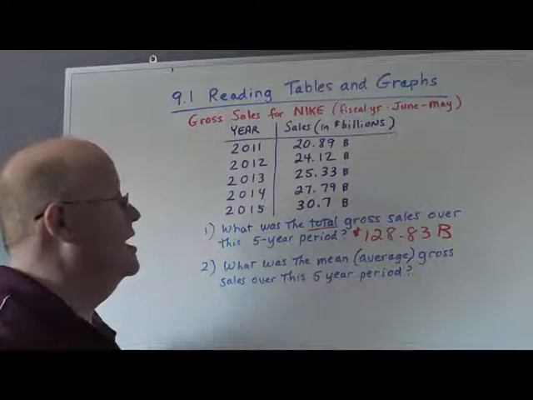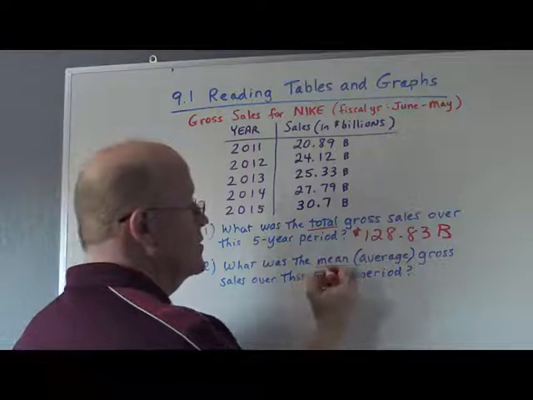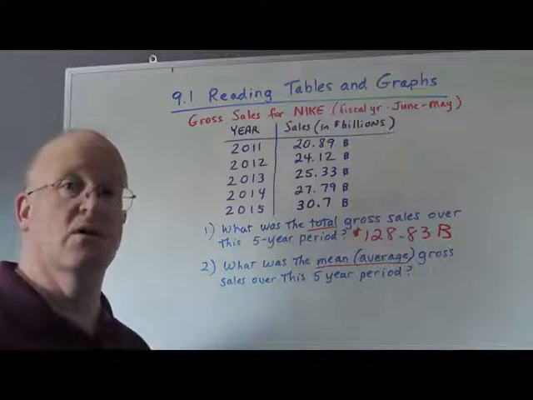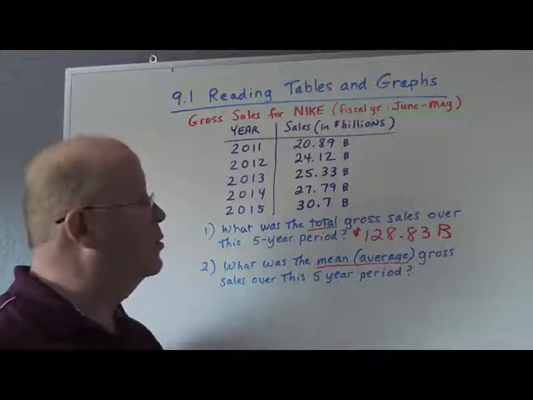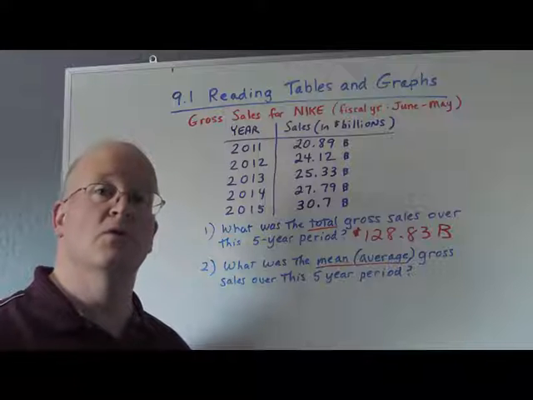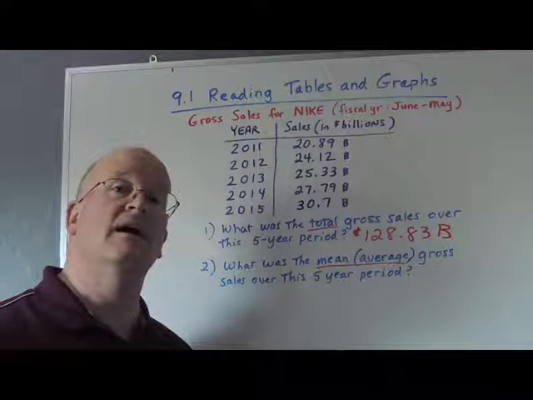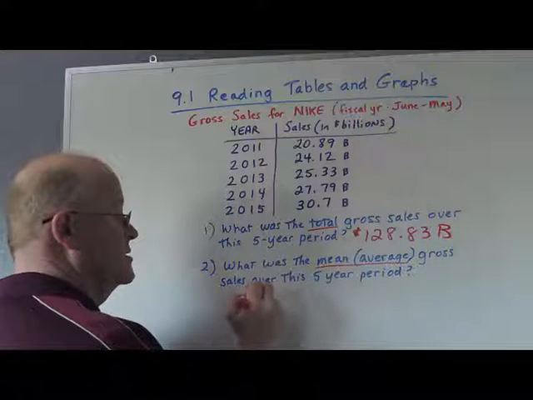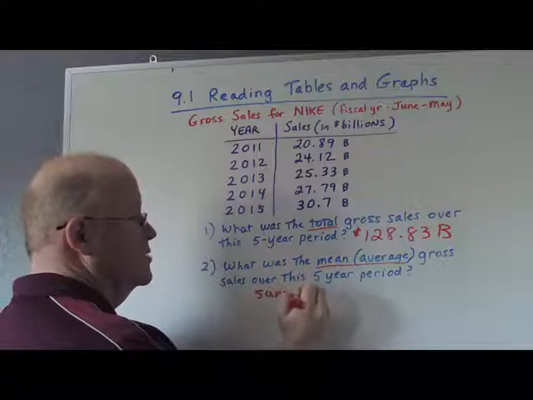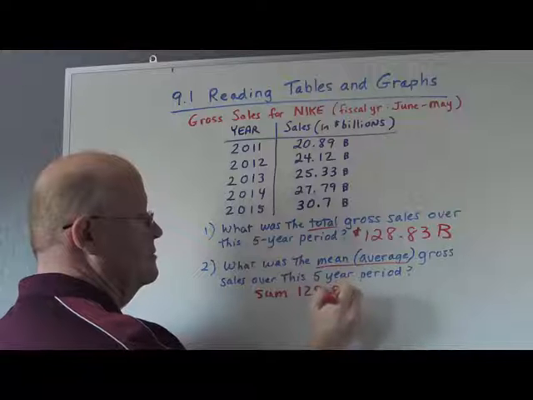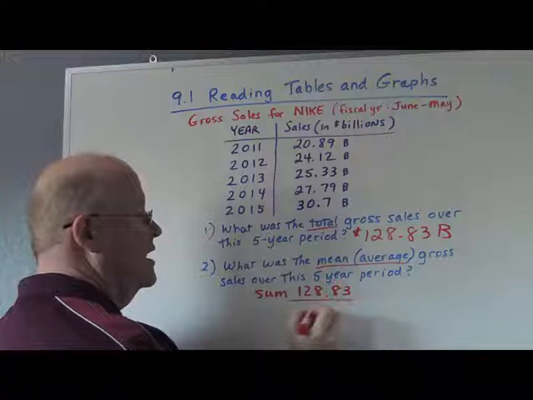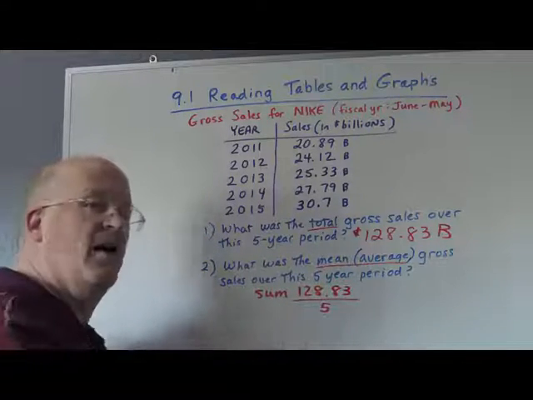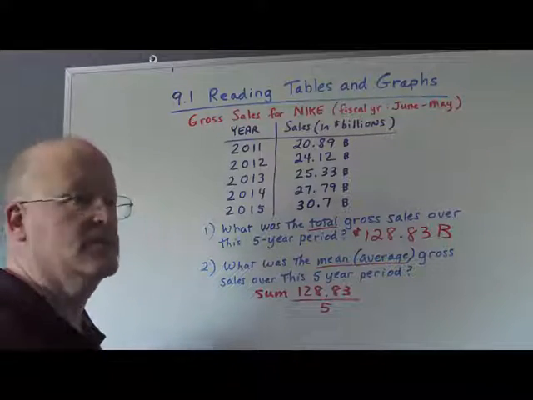The second question asks, what was the mean or the average gross sales over this 5-year period? Whenever you are calculating the mean, you add up the values and divide by the number of values that you've added up. So in this case, the sum was 128.83 billion, and we're going to divide by 5 since there were 5 years that were in this study.